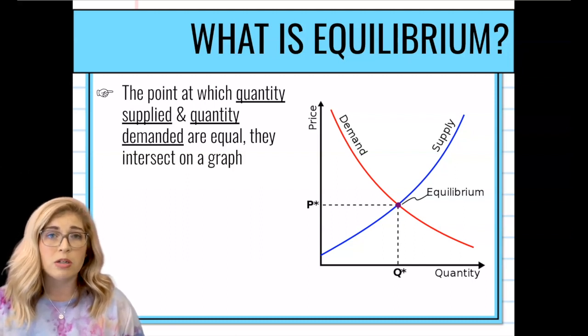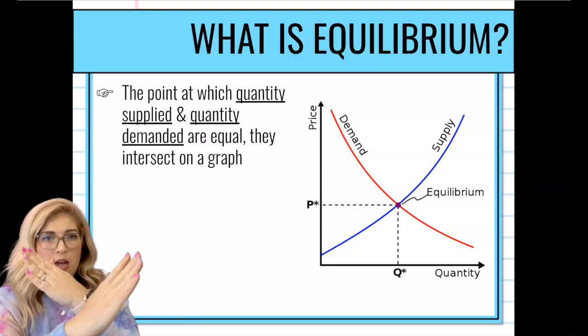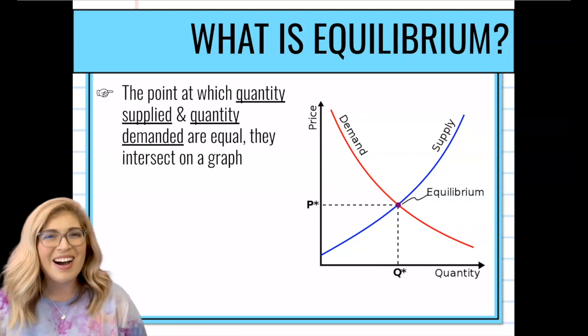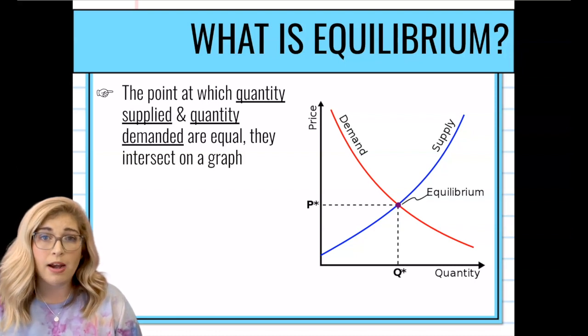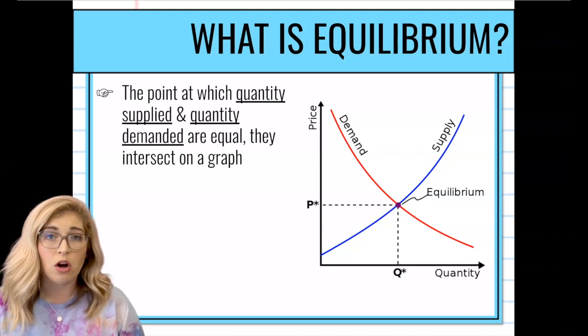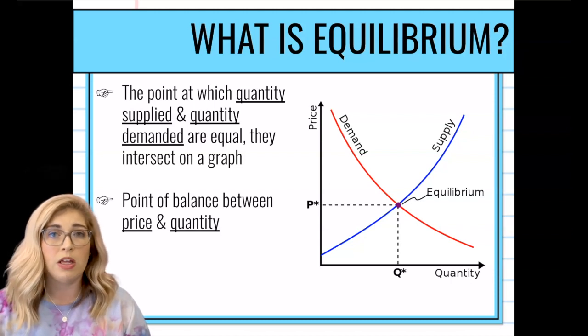Remember, our supply curve goes up, our demand curve goes down, and they make an X. There's a spot where they intersect. So equilibrium is where quantity supplied and quantity demanded intersect. It's also a point of balance, where price and quantity are both equal, as you can see on this graph as well. That little spot in the very center, that's the point of equilibrium.